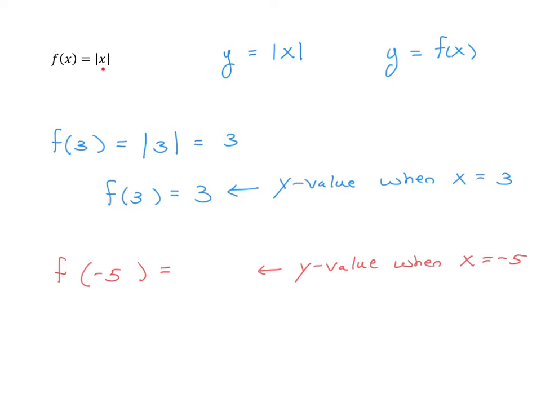Wherever we see an x, we replace it with a negative 5. So this is the absolute value of negative 5, which, if you simplify it, equals positive 5. So again, there's no y sitting anywhere over here, but it is equivalent to say that y is equal to 5. And that's because these two ideas, these two symbols, mean the same thing.